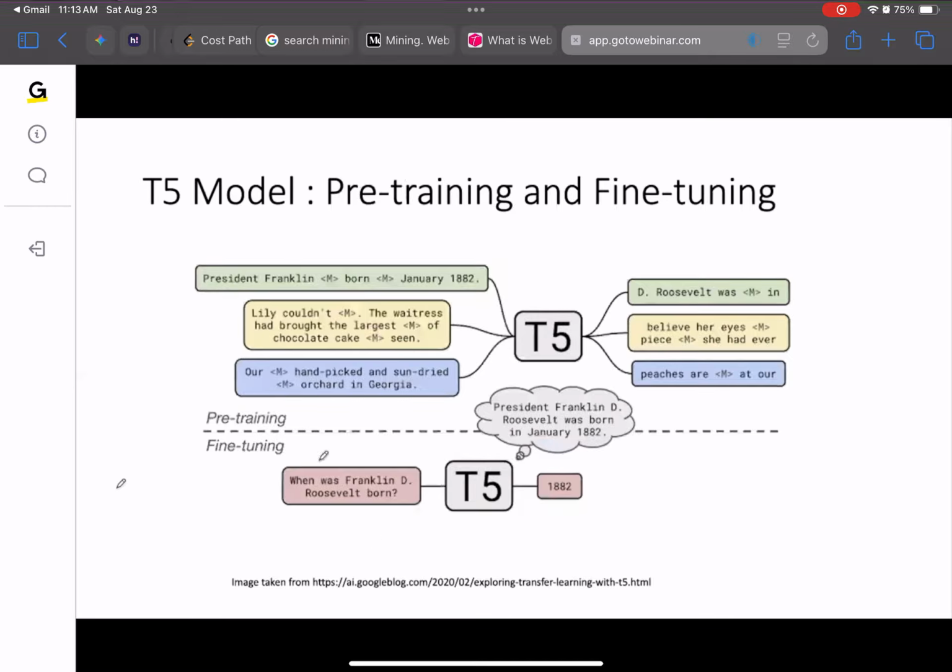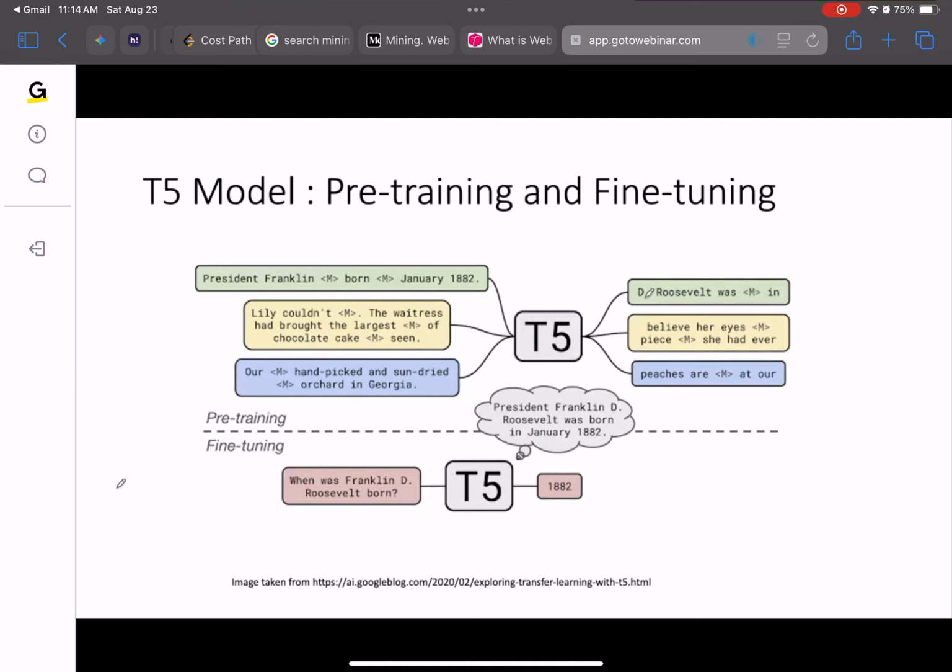This is a diagram of how it's done. For example, "President Franklin M born M January 1882." These Ms need to be predicted in the decoder. The first M is actually "D Roosevelt was", and the other M which is missing is actually "in".